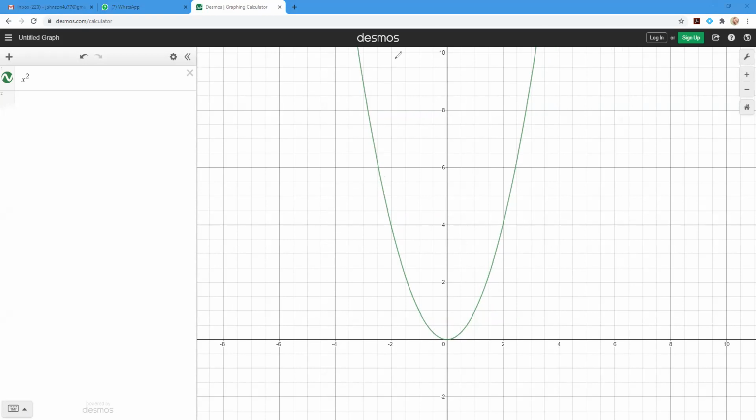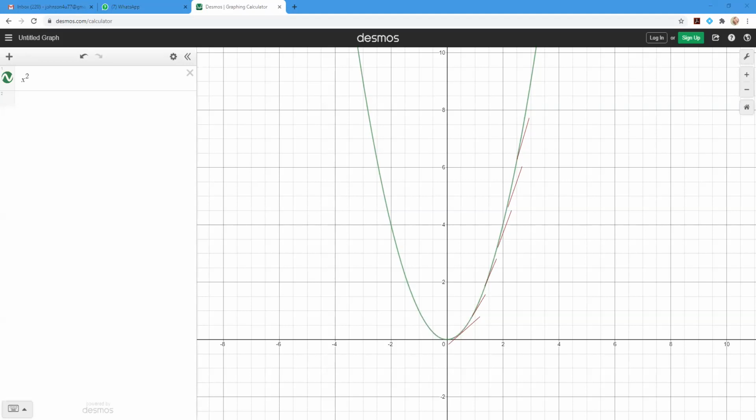So if you draw the tangents, I'm going to draw the tangents at different points just for you to understand. See the different tangents.